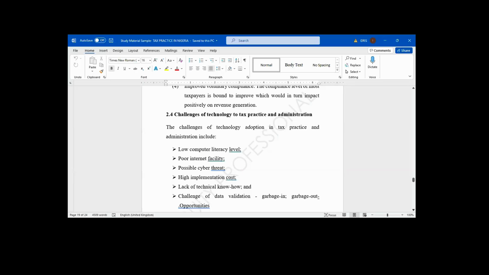Another challenge is possible cyber threats. There is a possibility of cyber threats. Hackers can get your information online. Taxpayer information can be hacked.